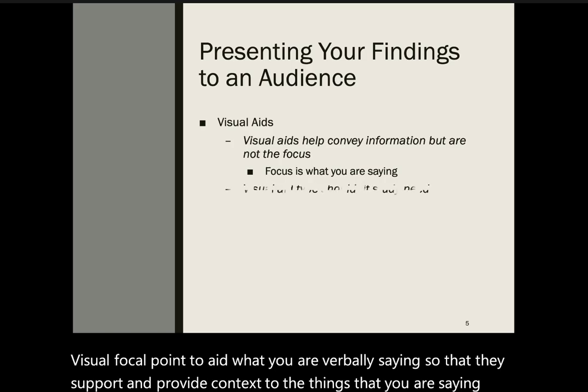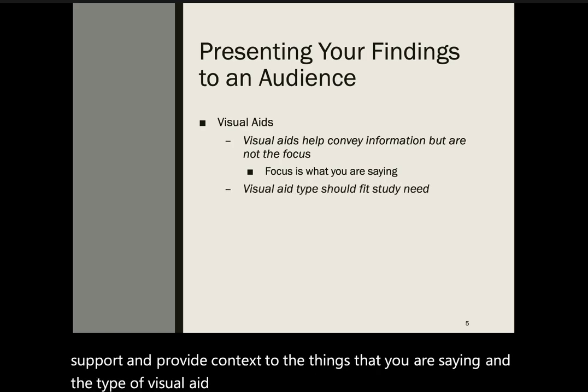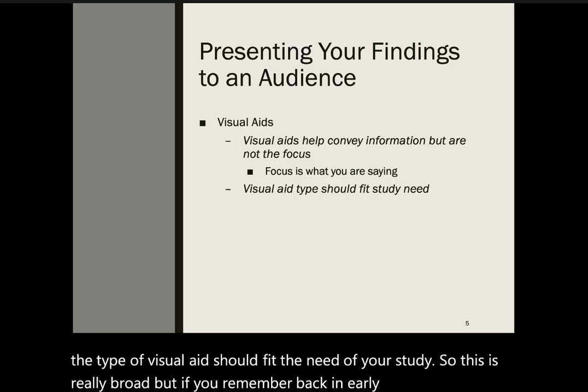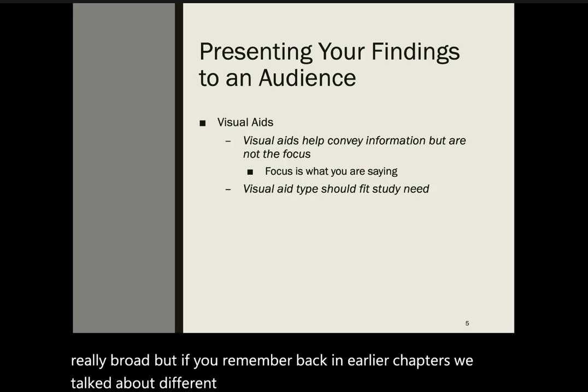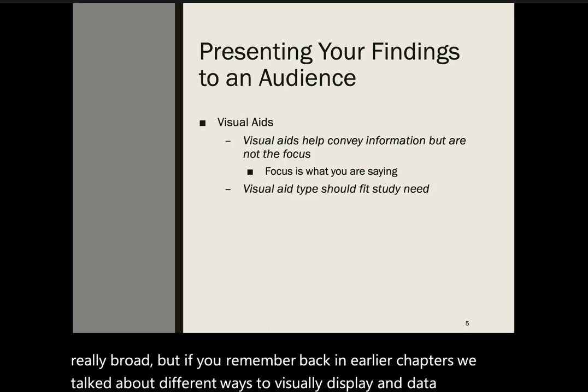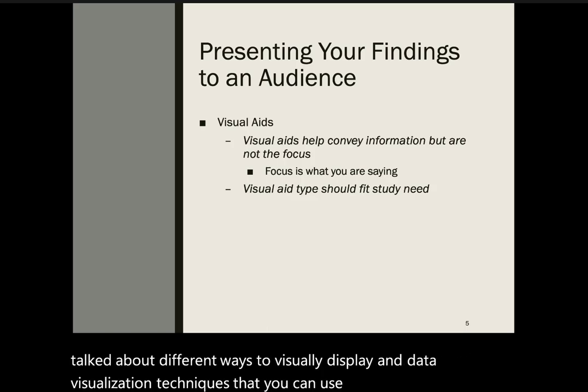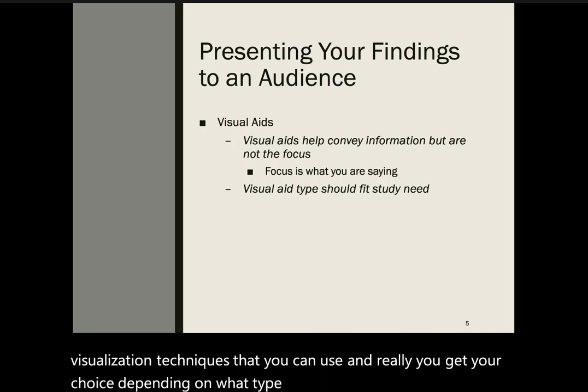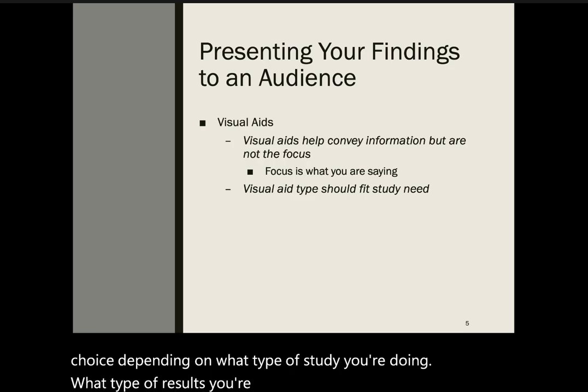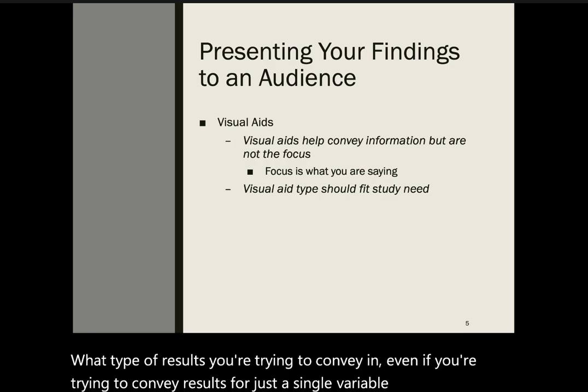And the type of visual aid should fit the need of your study. So this is really broad, but if you remember back in earlier chapters, we talked about different ways to visually display data and data visualization techniques that you can use. And really, you get your choice depending on what type of study you're doing, what type of results you're trying to convey, and even if you're trying to convey results for just a single variable or multiple variables.